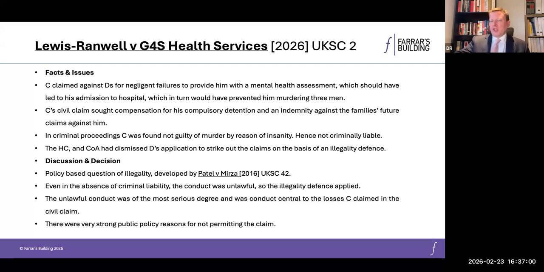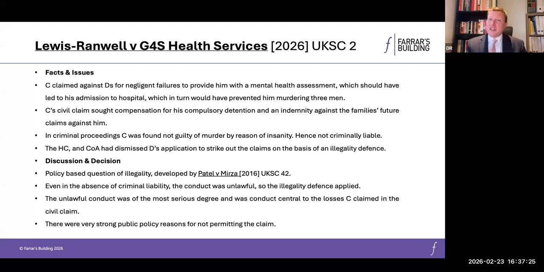Quite notorious facts. The underlying factual matrix is that the claimant was making claims against a number of the appellants, and his claim was for their negligent failures to provide him with a mental health assessment, which would have led to him being admitted into hospital.